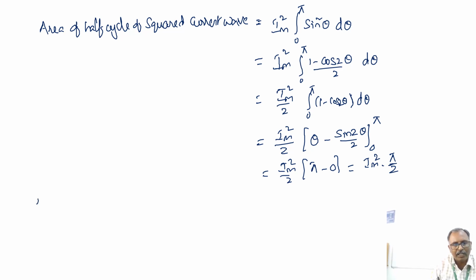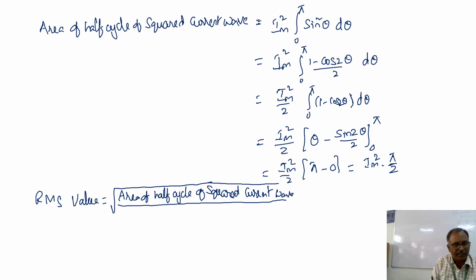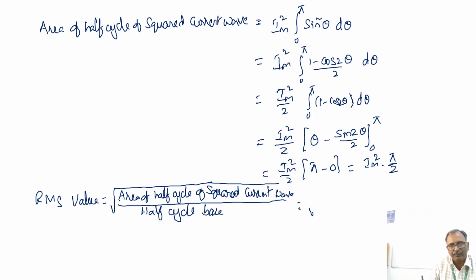Now the RMS value is given by the square root of the area of half cycle of the squared current wave divided by the half cycle base, which is equal to square root of Im square pi by 2 divided by the half cycle base, which is pi.